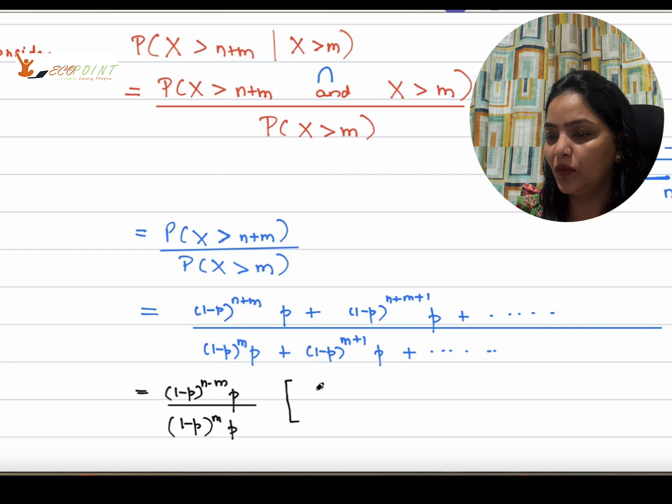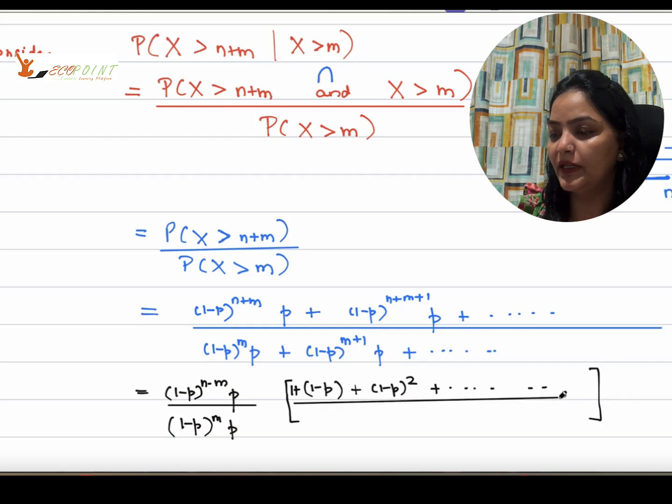In the numerator, what are you left with? You are left with 1 plus (1 minus p) plus (1 minus p) square, and so on and so forth. Similarly, here also you are left with 1 plus (1 minus p) plus (1 minus p) square, and so on and so forth.